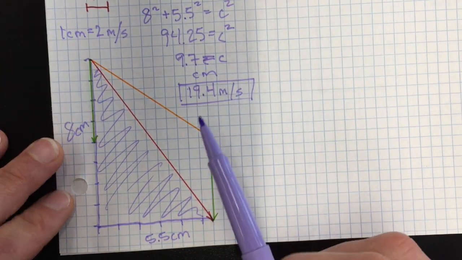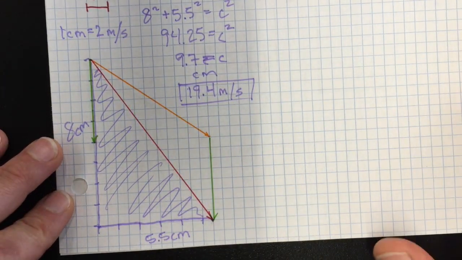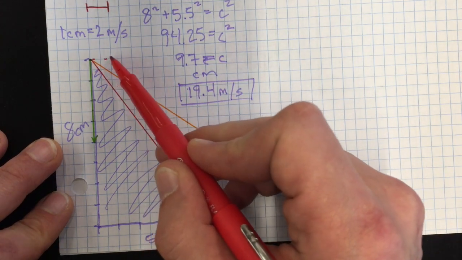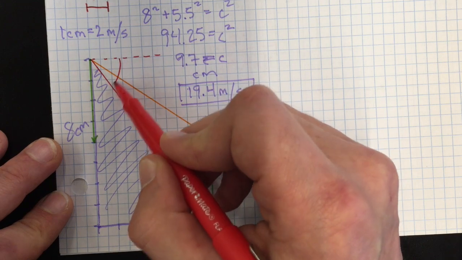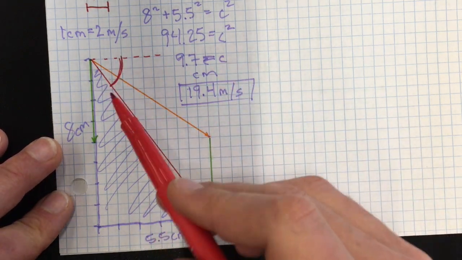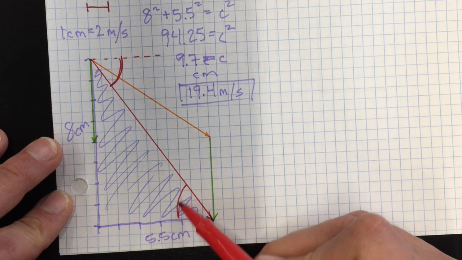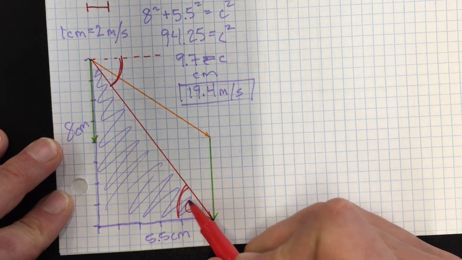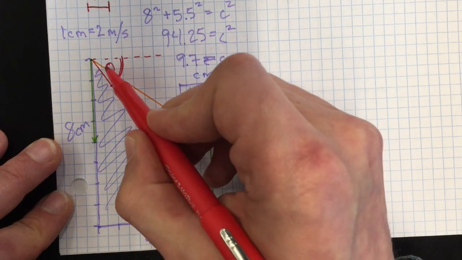Now, how do we find the angle? Well, the angle is always measured between our resultant and the x-axis, so we've got to put that in. And this is the angle we want. The problem is we don't really have a triangle including that, but we know alternate interior angles are equal, so this is the same angle. So these are both theta.